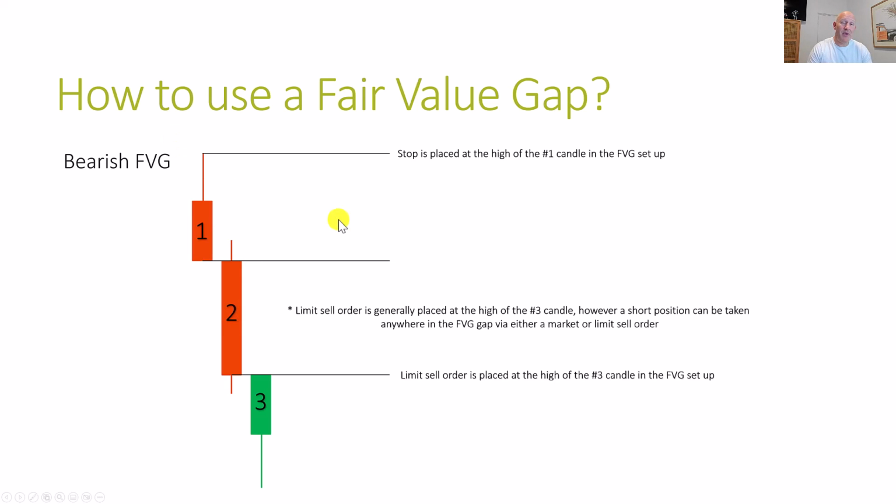In the case of a bearish fair value gap, we would set our limit sell order at the high of this third candle. But again, you can use a limit order anywhere inside the fair value gap if you want, and you can also use a market sell order anywhere in the fair value gap if you want. And again, that just comes down to personal trading preference, time frame, and also again, speed of market.